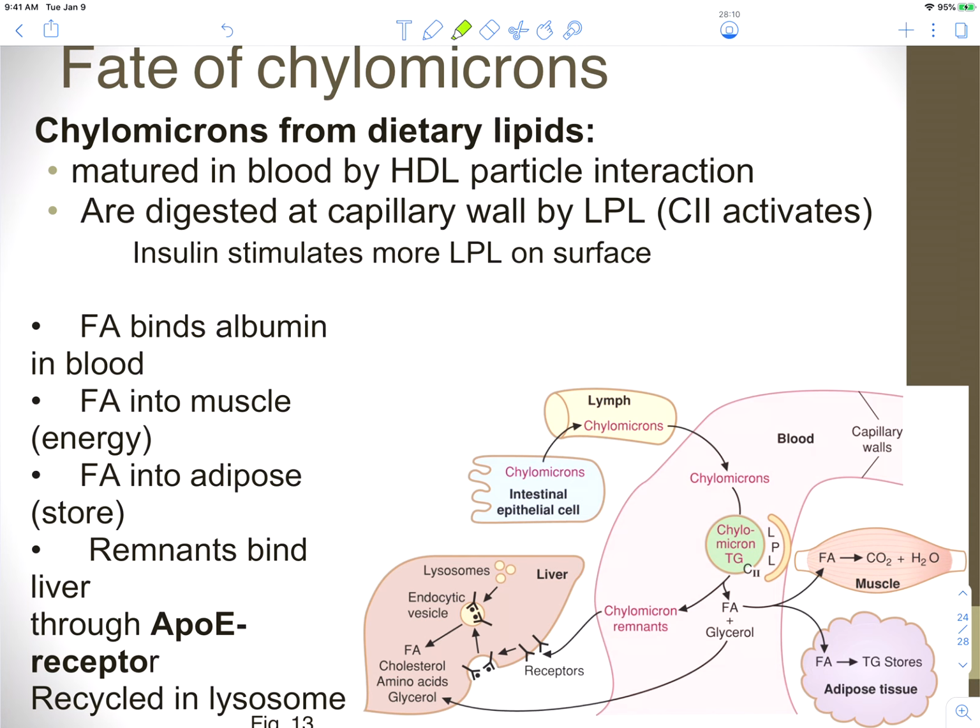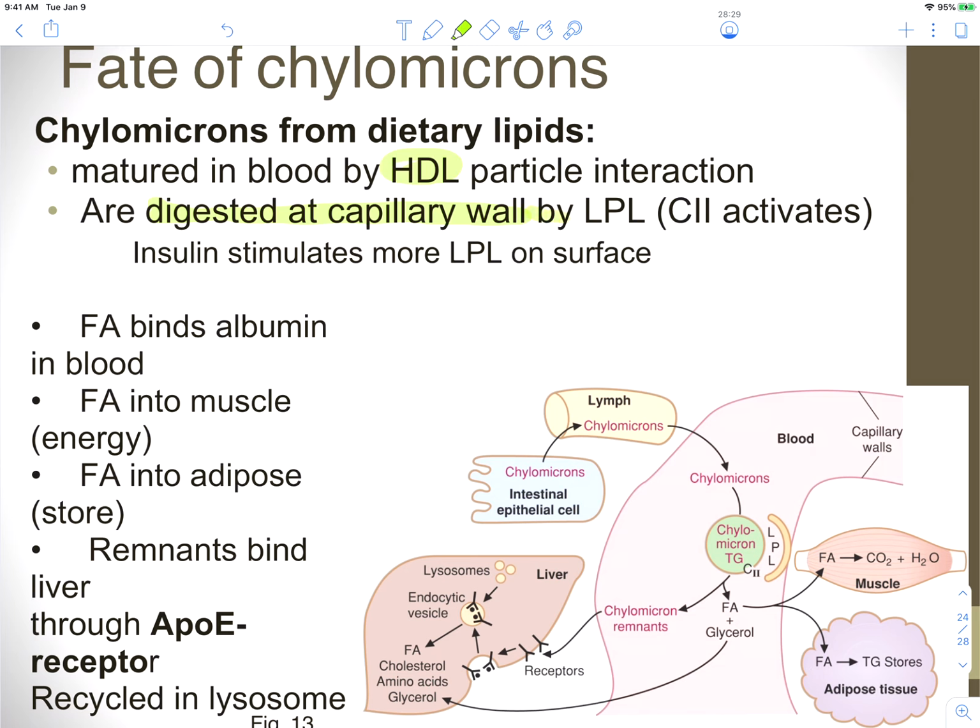So what's the fate of chylomicrons? So again, they're going to be matured by the high-density lipoprotein particles. They get digested at the capillary walls, and this is typically going to be in adipose tissue. So during the fed state, you're in a storage stage, and so your fats are going to go to storage.